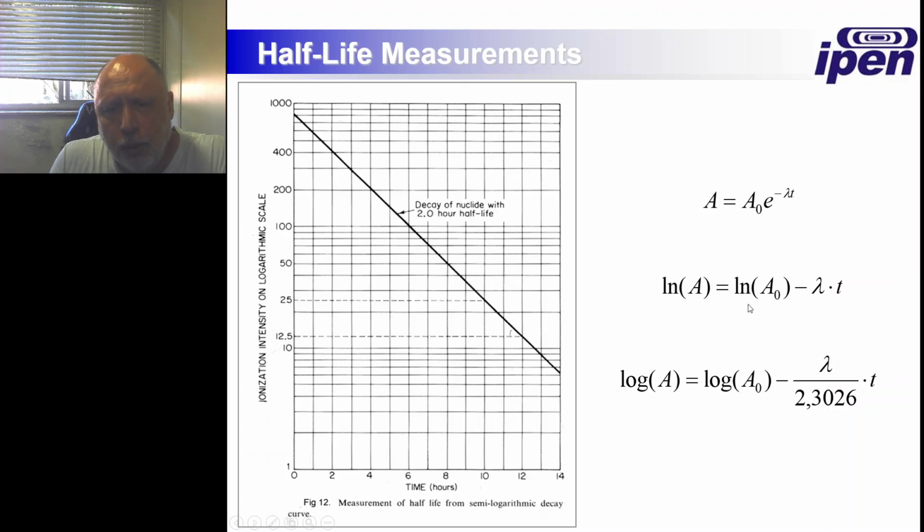If this is true, then when you apply the logarithm, you have ln of a0 minus lambda t. It's just a trick. If you have software that can fit exponential functions, it's easier, but if you don't, this is a solution too.